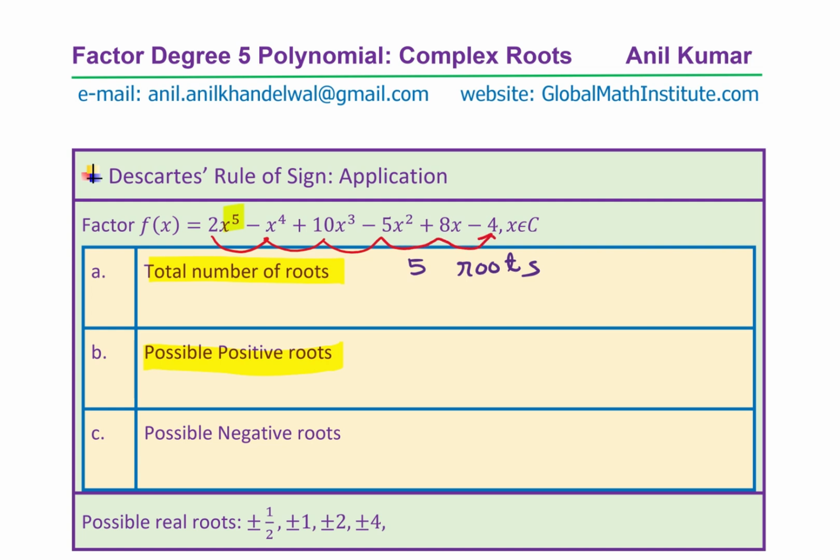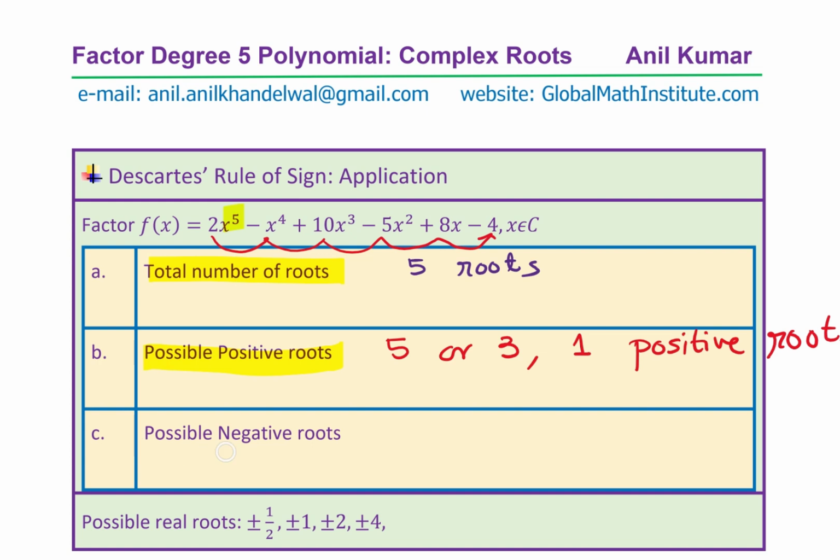So there could be 5 positive roots. Well, also less by 2 or 3 or 1 positive roots, correct? Maximum 5 positive roots are possible since there are 5 sign changes for the function f of x, correct? So that gives us an idea.